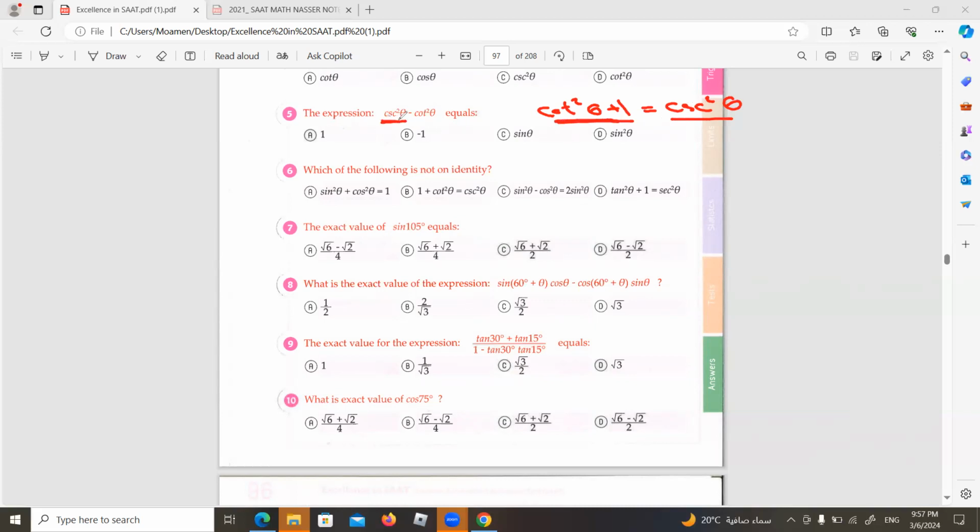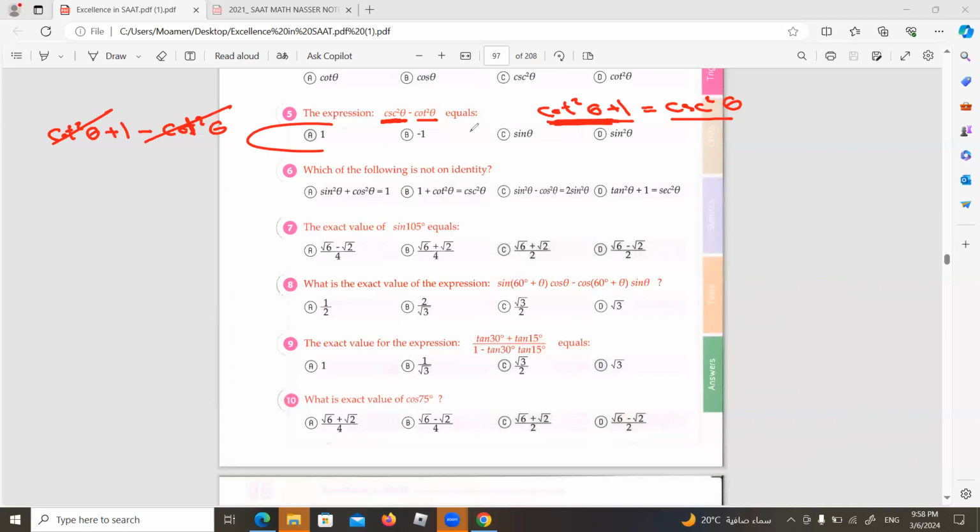Mister, you have cosec here. I replace cosec by cotan squared plus 1. So cotan square theta plus 1, and after that minus cotan square theta. Positive cotan squared and negative cotan squared cancel. It will equal 1.